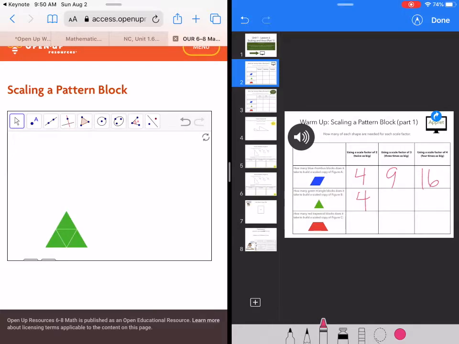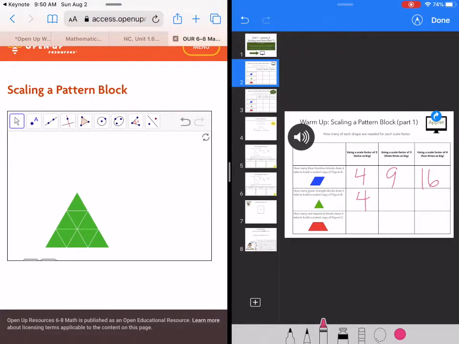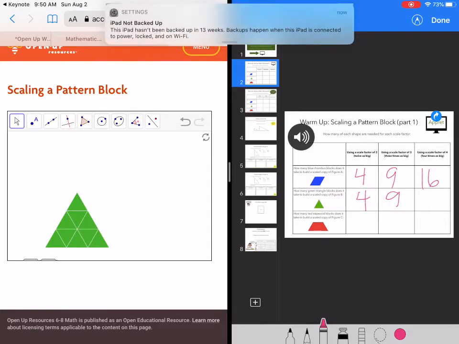If I want it 3 times as big, so I want it to go across the bottom 3, that'd be 1, 2, 3 triangles across the bottom, but then I need it to go up, so I need 3 across the side. So that makes 9 triangles. And I can count them to figure that out: 1, 2, 3, 4, 5, 6, 7, 8, 9.